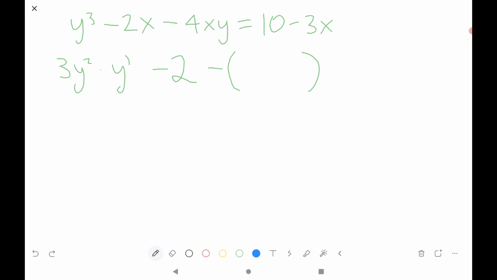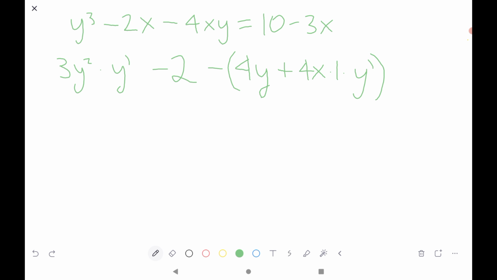Again, using the product rule, we're going to need to differentiate the 4x, which is 4, multiply that by y, and then add on 4x times the derivative of y, which is 1, times dy dx, which again I'm going to write using the y dash notation.